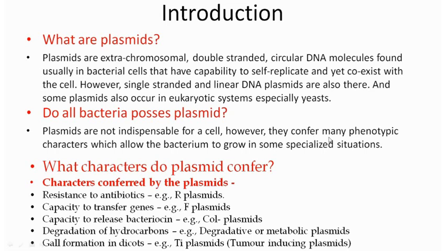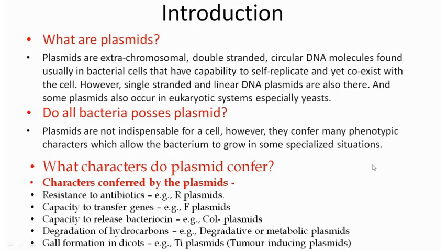So the plasmid confers the bacteria with a phenotypic character which allows the bacterium to grow in some specialized situations, like if the environment is rich with a certain carbon source which cannot be broken easily, then the enzymes may be borne by the plasmid. If it is growing in an environment where other bacteria release antibiotics, then to survive it has to have a resistance plasmid. For gene transfer, it has to have plasmids.